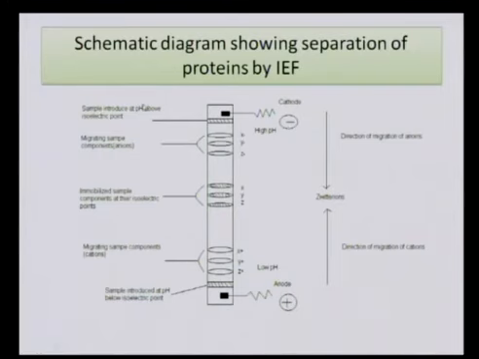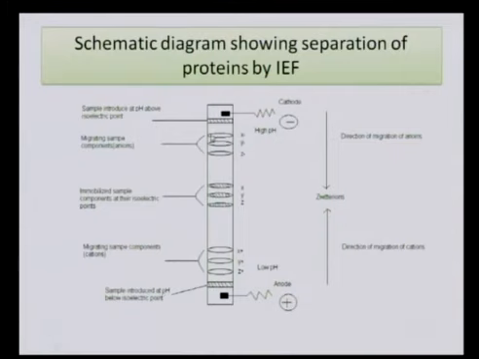On the left side of the image, the top one says sample introduced at pH above the isoelectric point. As we just said, the major principle working behind this technique is isoelectric focusing. To perform it, we need a pH range from high to low. Here we introduce the sample at both the high pH and the low pH.